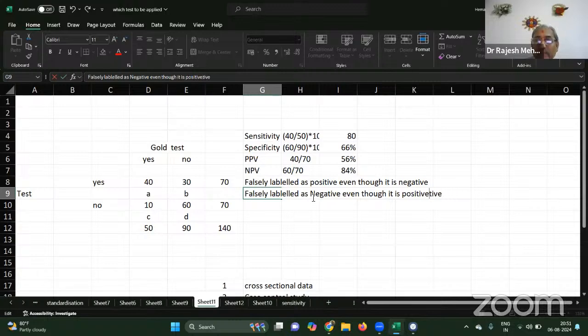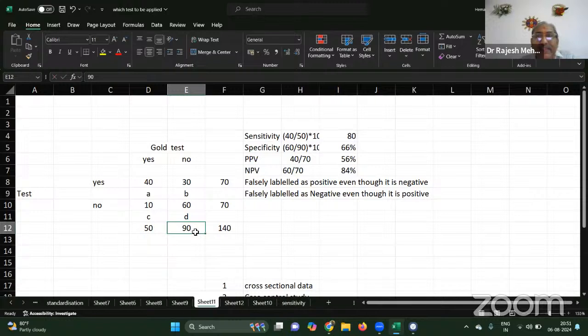Now, even if you want to forget, you cannot forget if you remember this. How do we spell it out? False positive: falsely labeled as positive, even though it is negative. So in our case, the total 90 are negative. Out of them, how many are falsely labeled as positive? These 30.